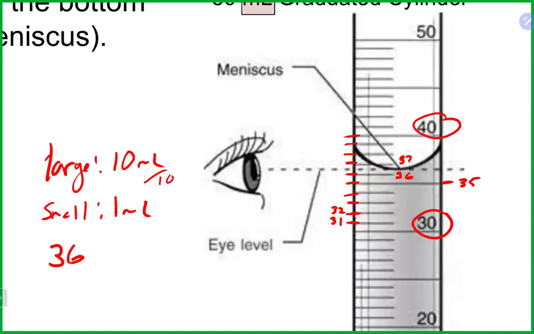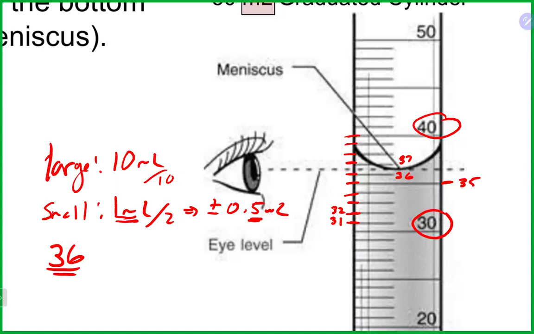So we do want to record that. And again, if you're not sure how far you should take the reading, but you are sure about this number, all you have to do is divide the small marking by 2, and that gives you your plus or minus 0.5 milliliters. That tells me I should take my reading to 1 decimal place. So I am not done reading at this point. I can't just put 36, because that would be incorrect.